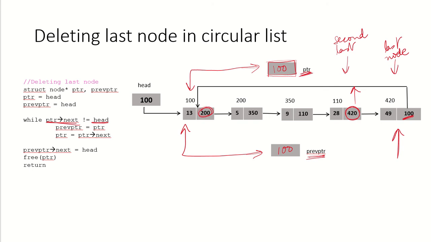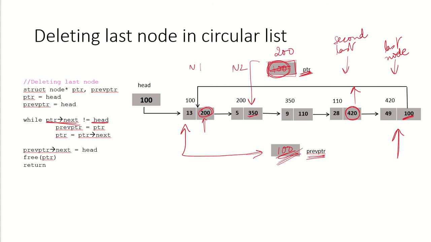But before updating the PTR, we will put its value in previous PTR. So currently, since both the values are same, previous PTR will remain 100, whereas PTR will be updated to PTR arrow next. So this will become 200. As you see, PTR is pointing to node 2, whereas previous PTR is pointing to node 1.